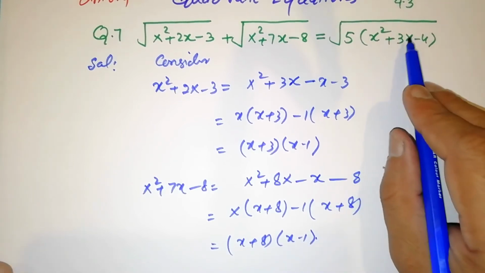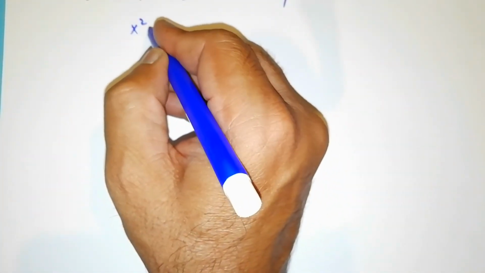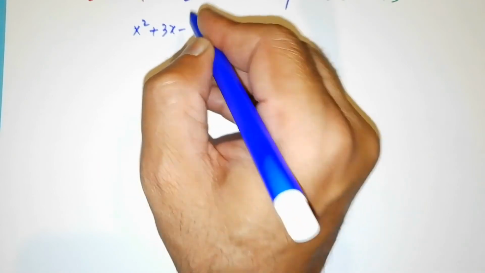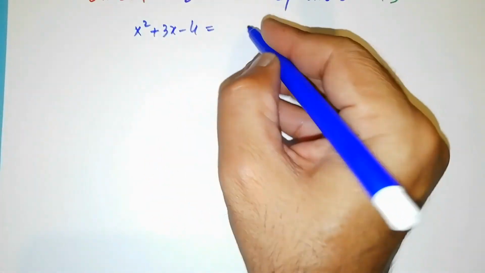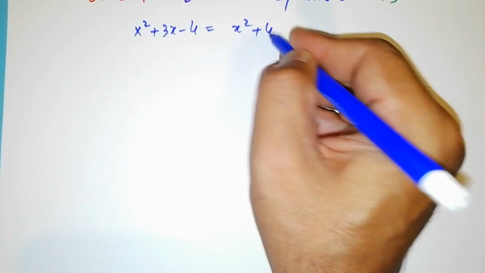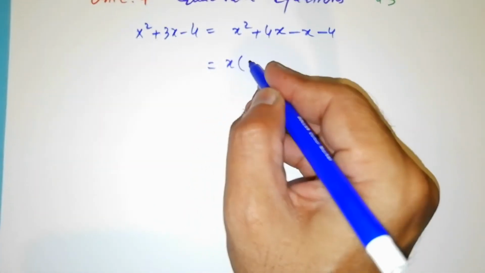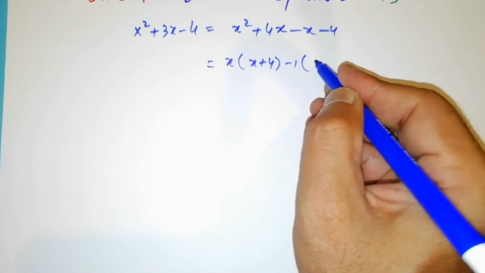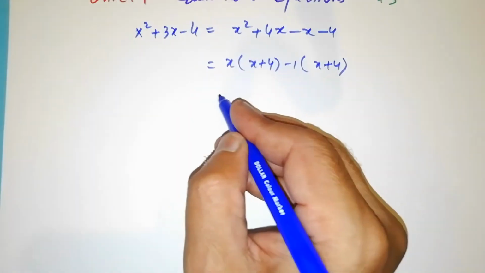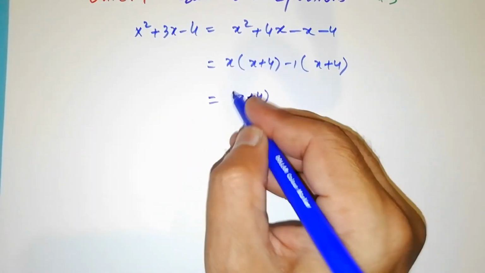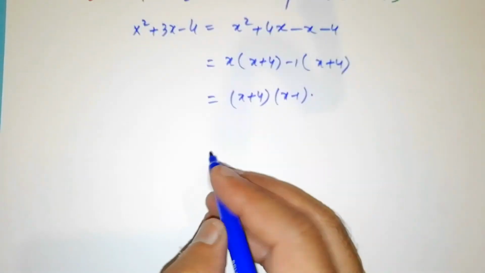Now we take this third factor, x² + 3x − 4, that is x² + 4x − x − 4. We are factorizing this, so (x + 4) − 1, this is (x + 4)(x − 1).